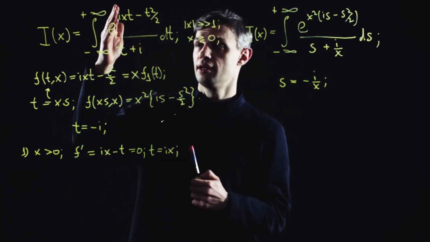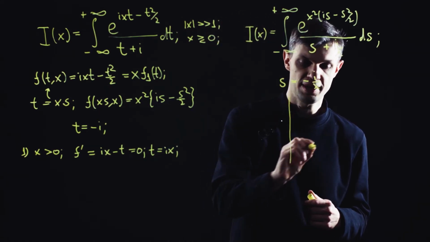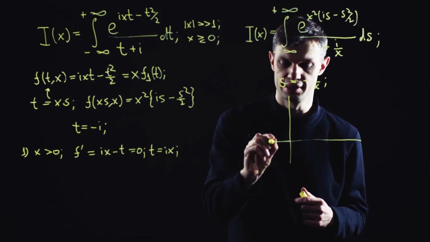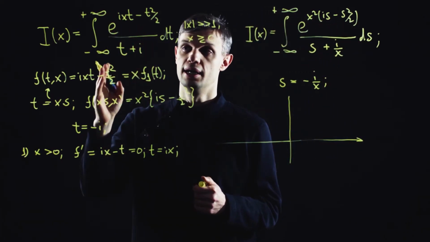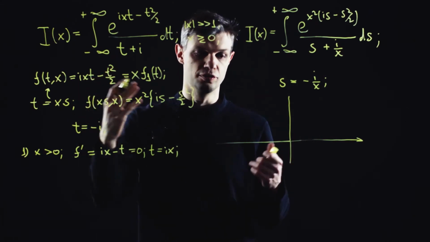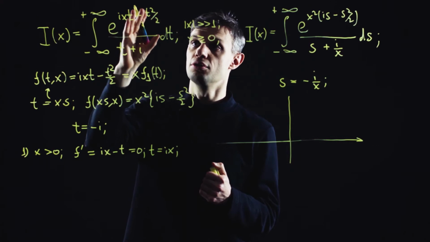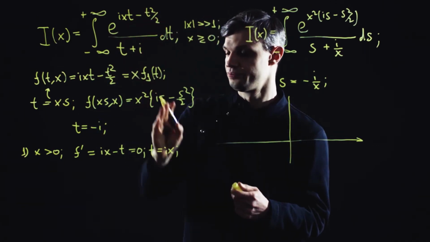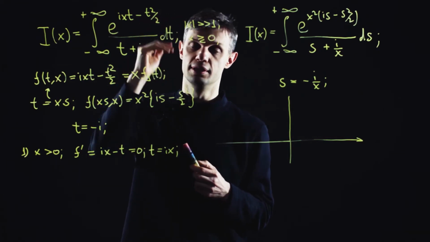And also, the contour is infinite. That means that the position of its endpoints has some freedom to move. But the motion is restricted to the region of convergence of the integral. So let's discuss this.